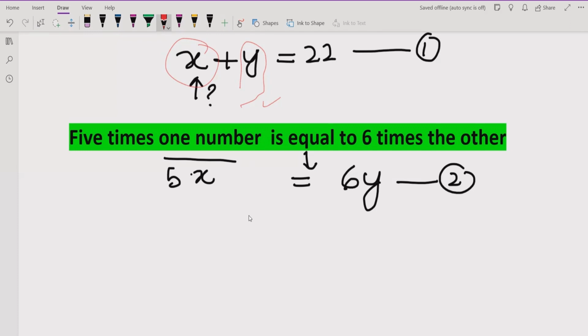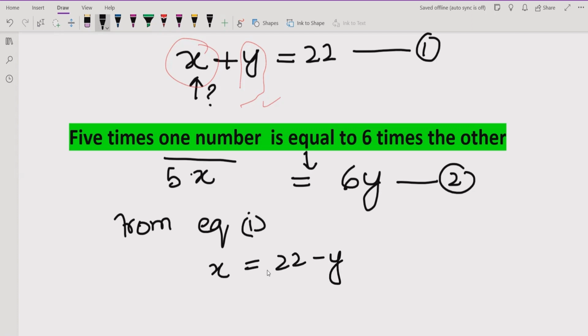So from equation 1, we arrange it this way: x equals 22 minus y. This is equation 3.